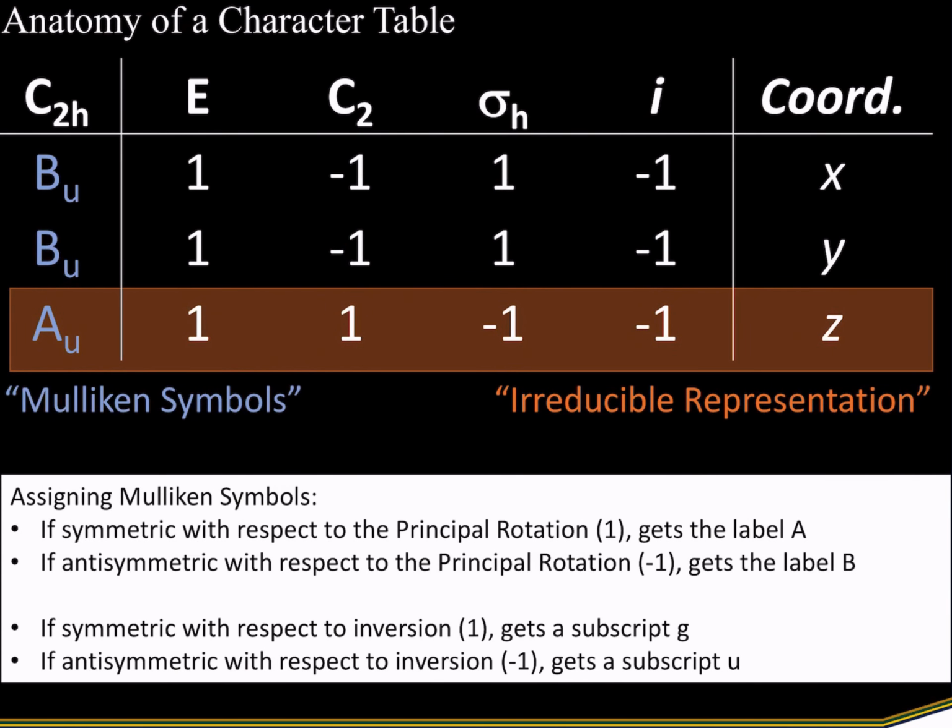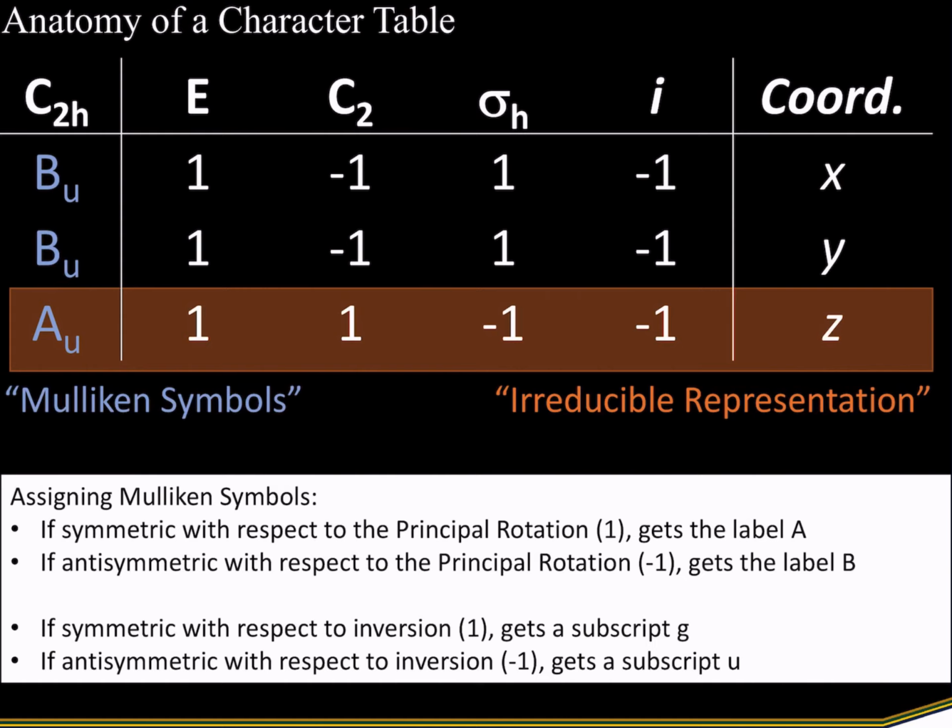So we need to be able to label these rows. And so this collection of characters, one entire row of our character table, is called an irreducible representation. The way we could think about this is a simplified set, or the most simplified set, of the effects of these symmetry operations on a piece of the structure.